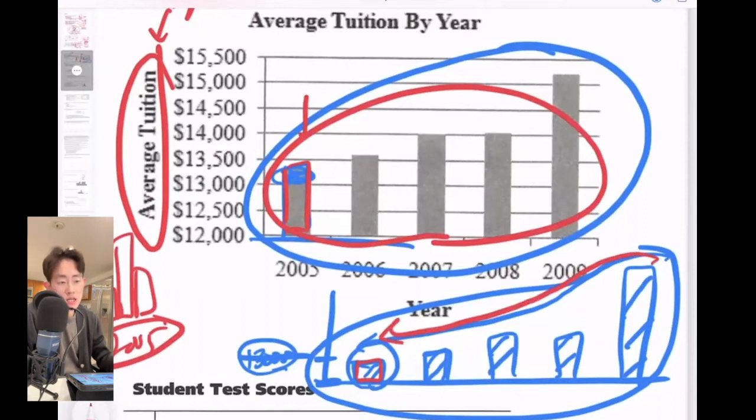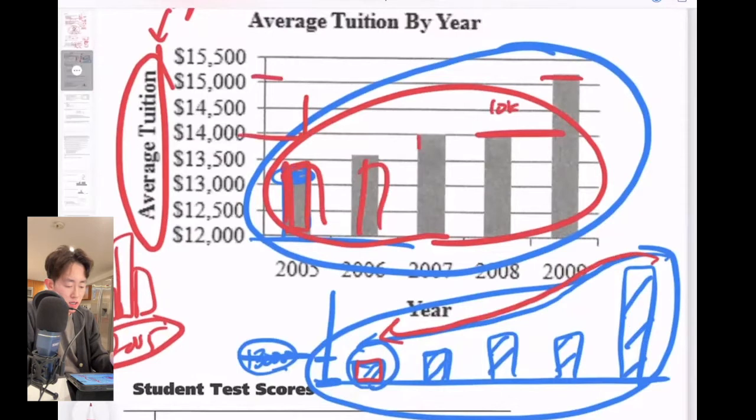You see, the difference from this to this is only about, let's say, from 14 to 15, which is 10K. Now, when we have all the bars much higher than the rest, the difference doesn't seem like that much.